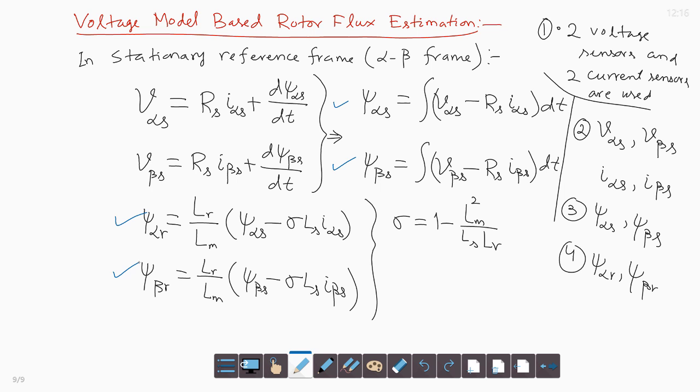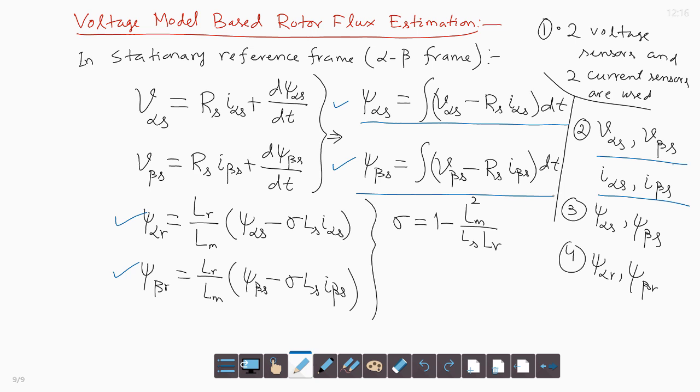Voltage sensor and current sensor data are taken, then 3 phase to 2 phase transformation is applied to get V alpha s and V beta s, I alpha s and I beta s. From these data we estimate the flux component psi alpha s using this equation and psi beta s using this equation.